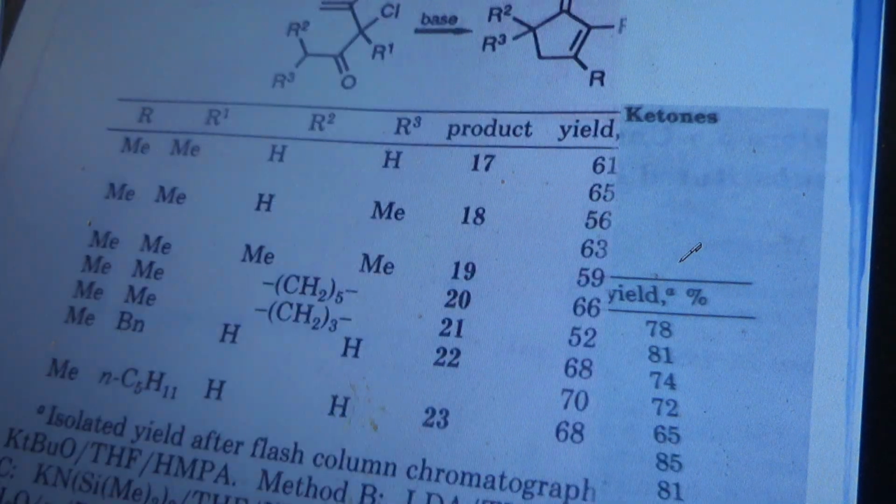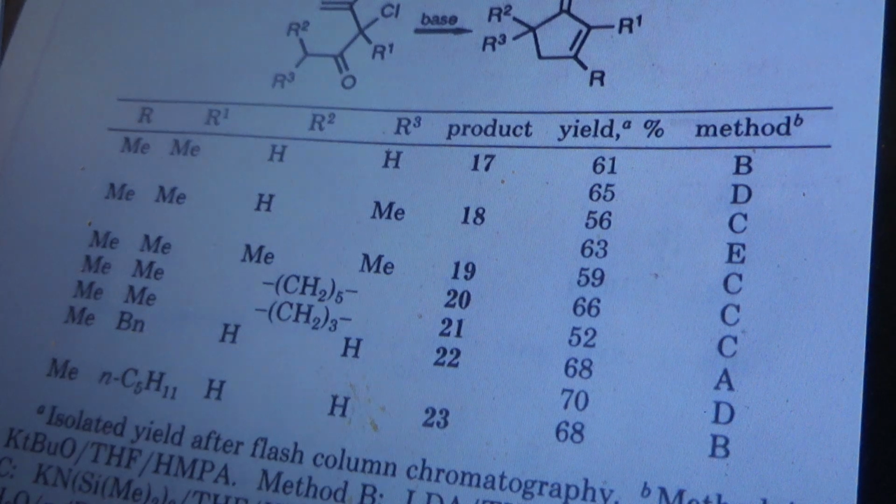So these reactive species, as I said before, we were interested in for reactions with sulfur and nitrogen nucleophiles to give the quaternary salts of these compounds. But as a side reaction, a spin-off of the project, we found that these can be used for intramolecular reactions using base to get cyclopentenones.